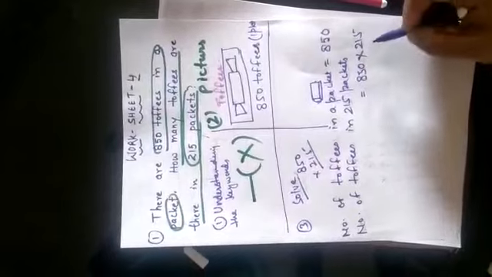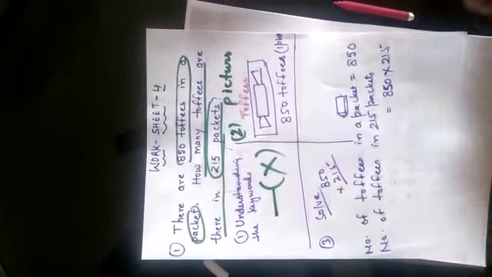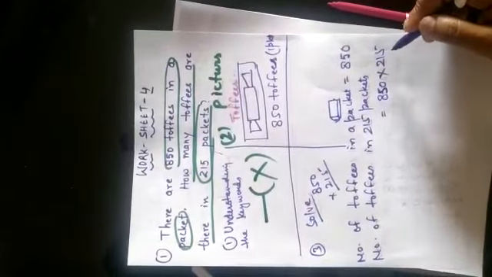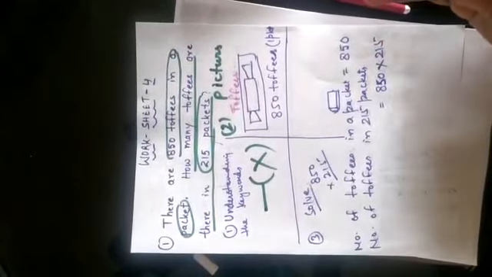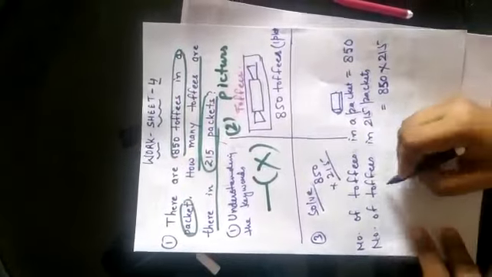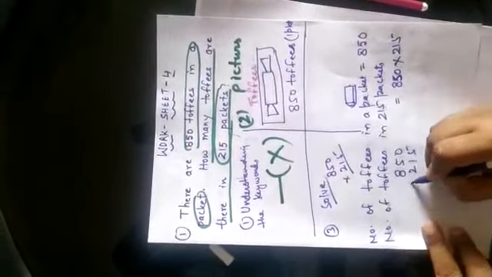It means 850 toffees will be kept 215 times in 215 packets. So we will multiply 850 with 215.